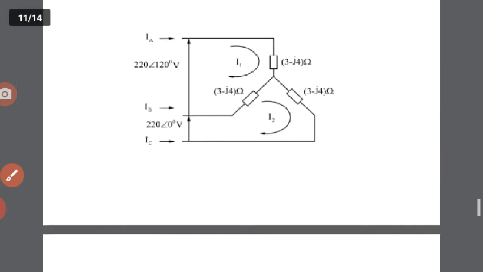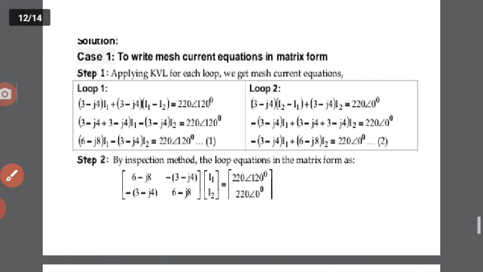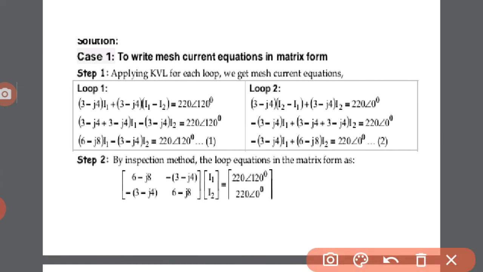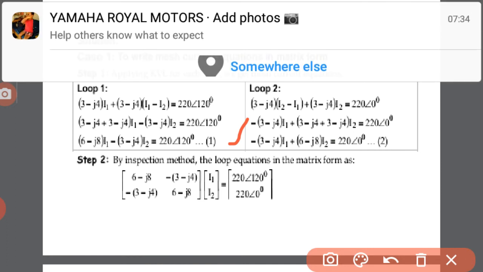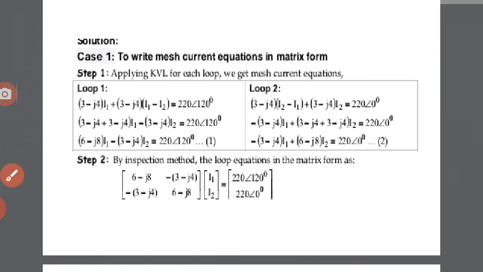Let's look at these equations. Loop 1: 3 minus J4 into I1 plus 3 minus J4 into I1 minus I2 is equal to 220 angle 120 degrees. That is 6 minus J8 into I1 minus 3 minus J4 into I2 is equal to 220 angle 120 degrees.